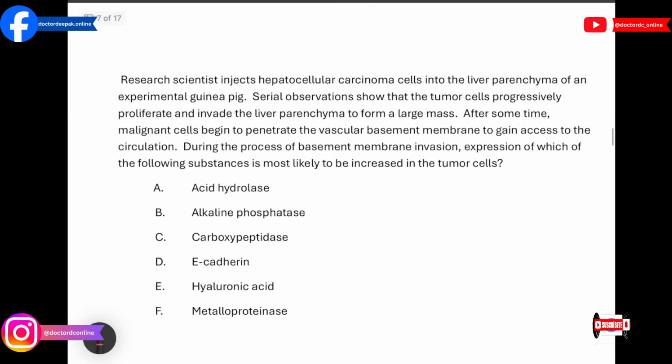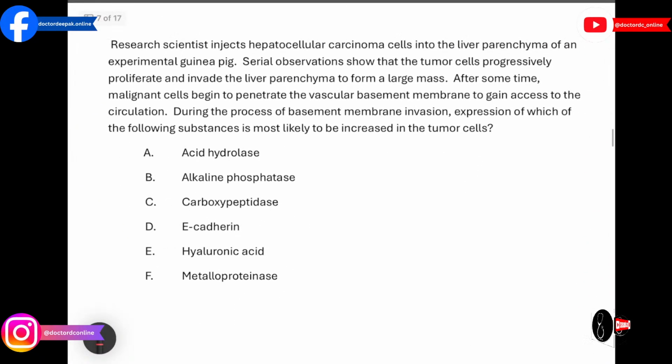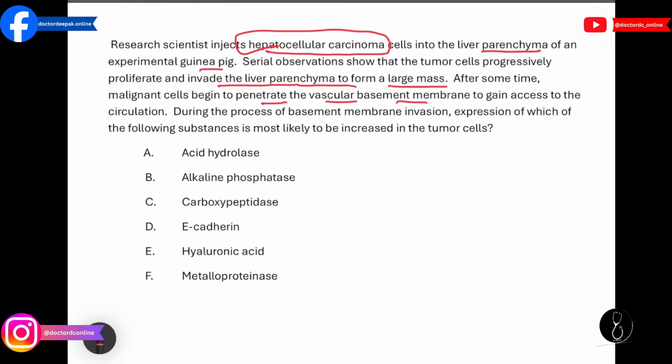The next question is: a scientist injects hepatocellular carcinoma cells into the liver parenchyma of an experimental animal. Repeated observation showed that the tumors progressively proliferate and invade the liver parenchyma to form a large mass. After some time, malignant cells began to penetrate the vascular basement membrane to gain access to the circulation.